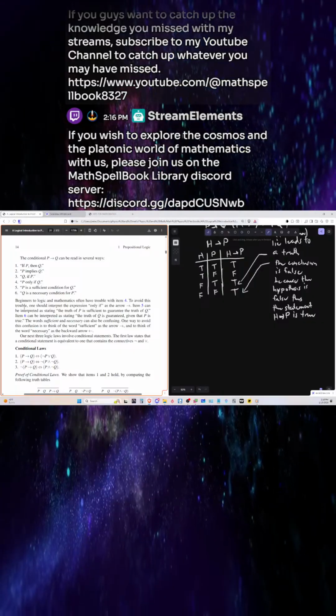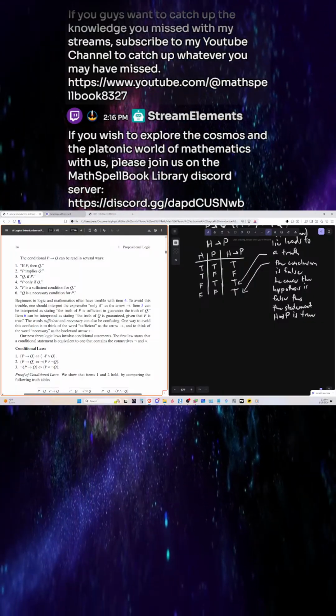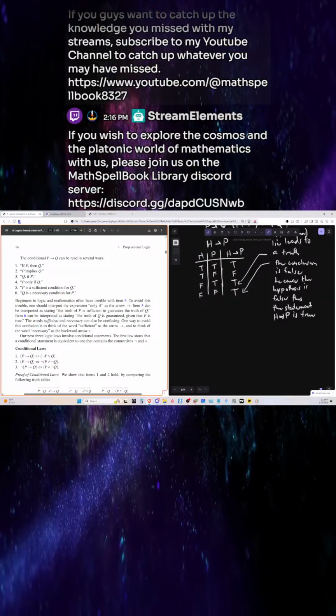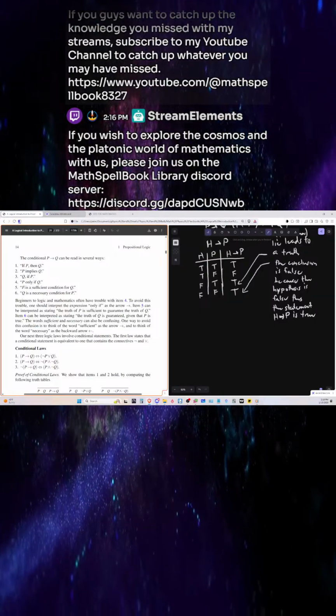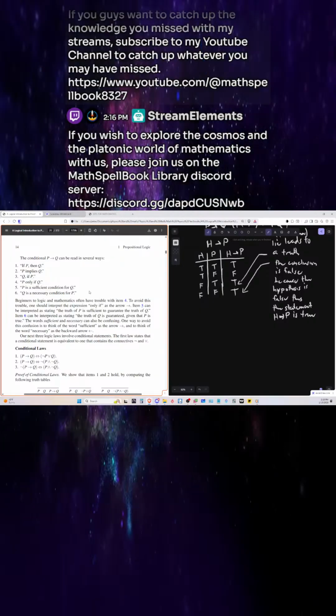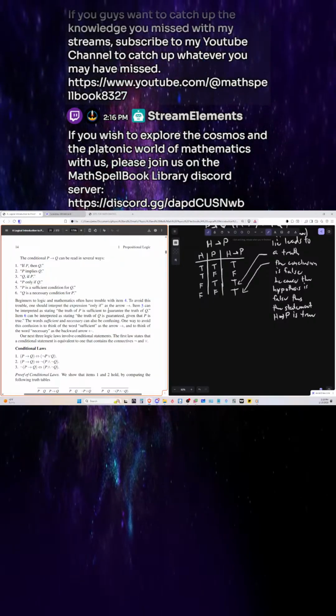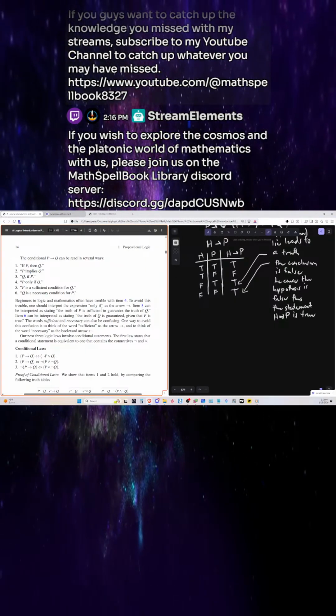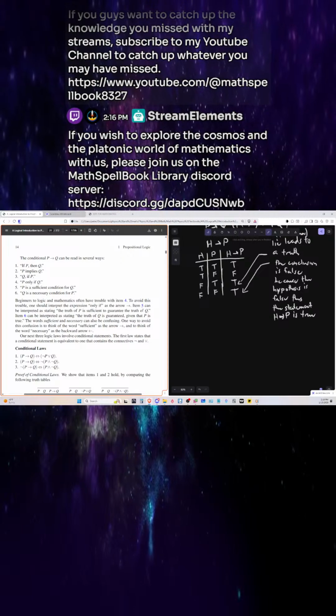To avoid this trouble, one should interpret the expression only if as the arrow, and item 5, P is a sufficient condition for Q. Okay. Can be interpreted as stating that the truth of P is sufficient to guarantee the truth of Q.